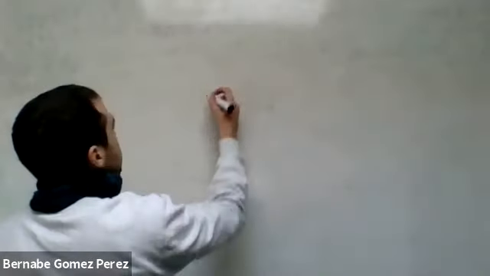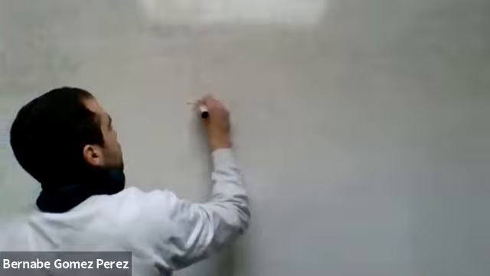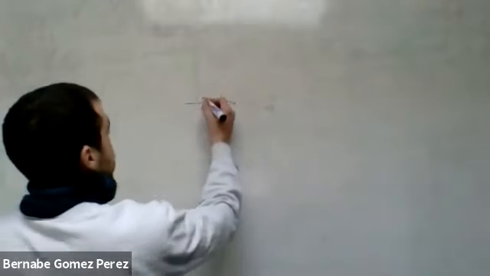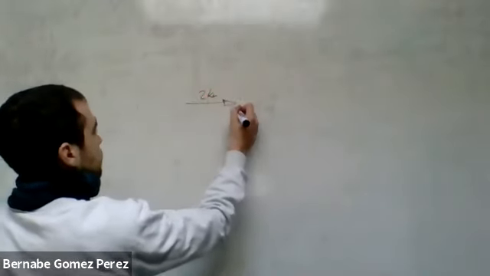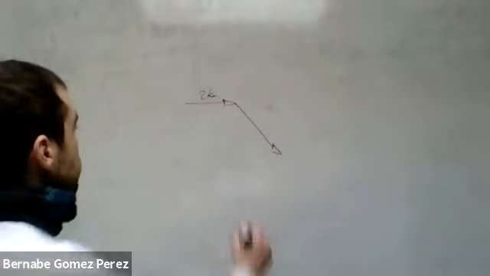Okay, we have a sailor in a small sailboat who encounters shifting winds. Basically this is a problem of vectorial calculus, right? So let's start by the fact that we have a displacement of 2 kilometers in the x direction. Then we have another displacement, 45 degrees.